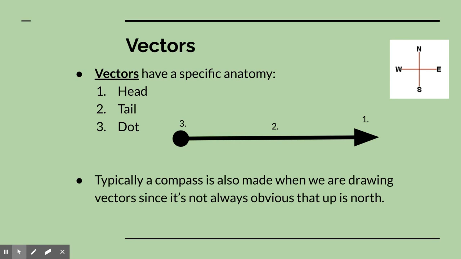If you have a word problem that talks about going in a particular direction, and then another direction, and then another direction, it's a good idea to have a compass handy, because you're probably going to be referencing that compass, or you might be drawing on it. Typically, when we're using vectors, somewhere on your paper, somewhere on your worksheet, there should be a compass. Am I going to grade you on having a compass? No, but you should have one available, ready to go for you to reference.